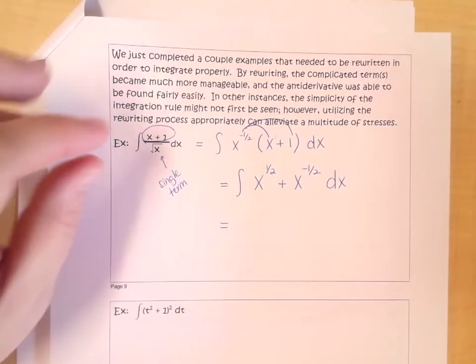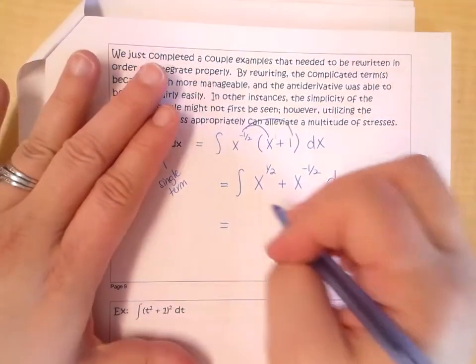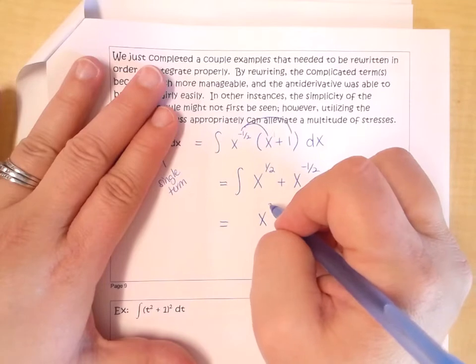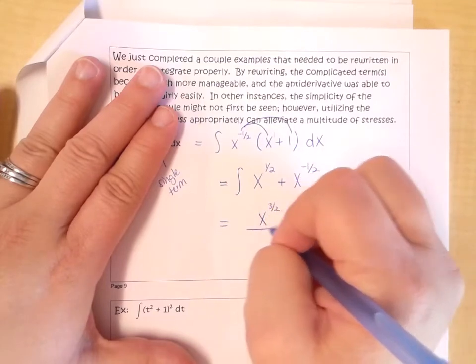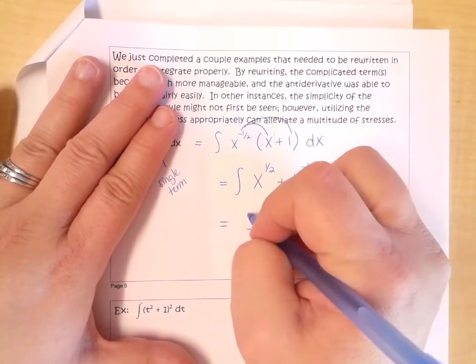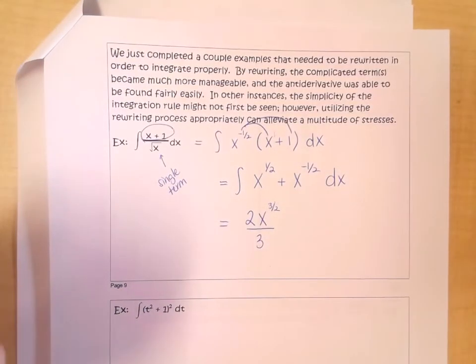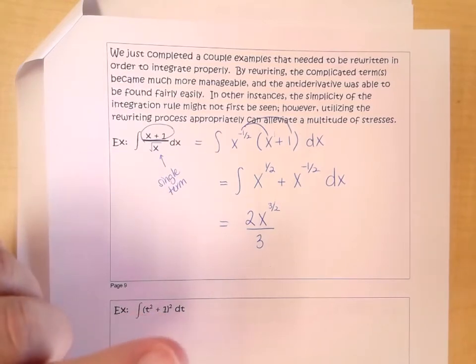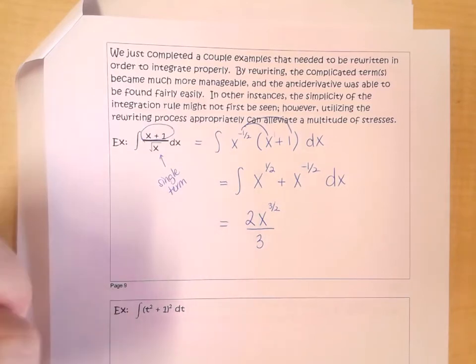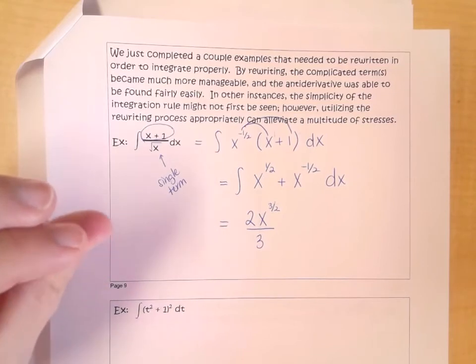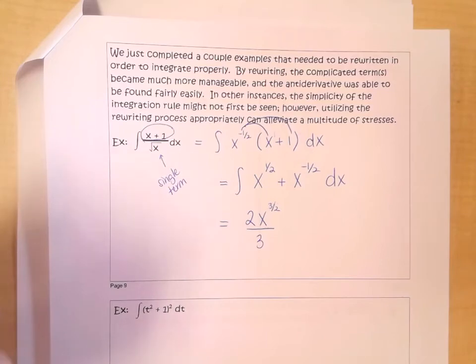Nakai already answered for us the integral of x to the 1/2. He said x to the 3/2 over 3/2. And what would be x to the negative 1/2? X to the half over 2.